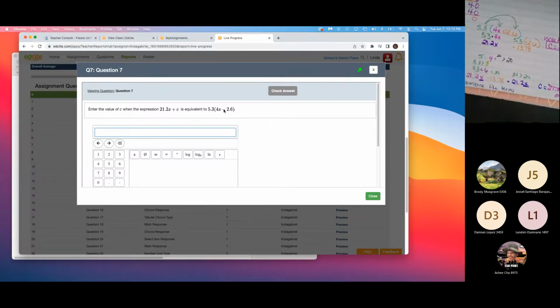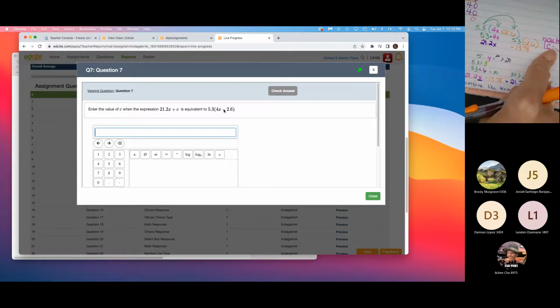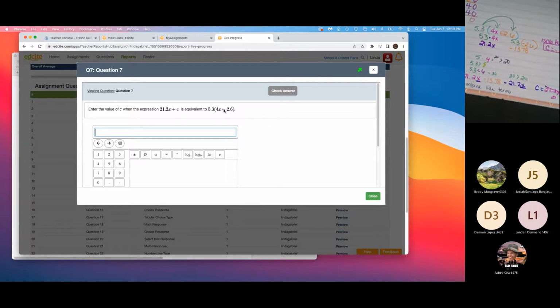get c by itself. And I don't just automatically assume x doesn't exist. x still has value. I just don't know what its value is. x is a variable. So now I need to subtract 21.2x from the side with c. That way I can isolate c, meaning I get it all by itself, right? Because the question is asking, enter the value of c when the expression 21.2x plus c is equivalent to 5.3 times the parentheses 4x minus 2.6.